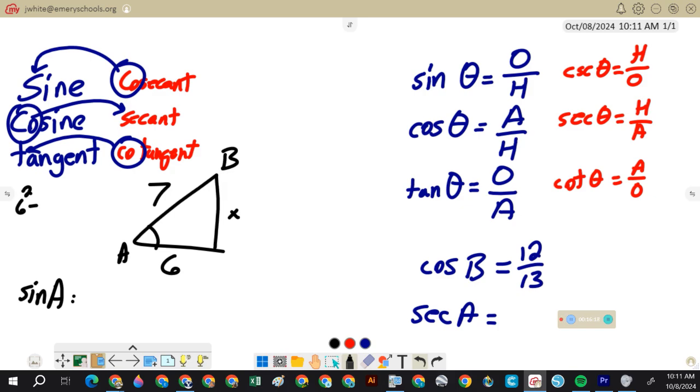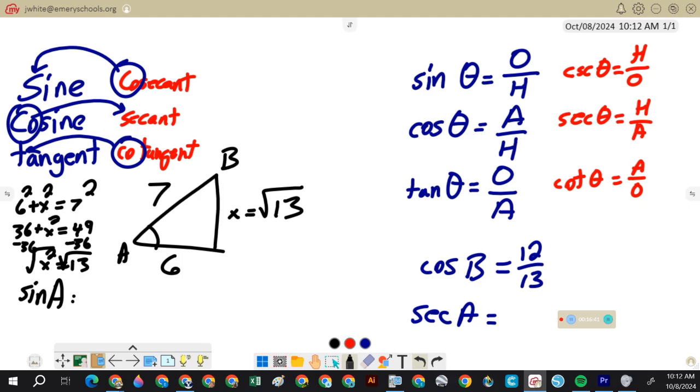So 6 squared plus x squared equals 7 squared. 36 plus x squared equals 49. And then subtract 36, and I get x squared equals 13. And then we take the square root. So this is the square root of 13. Okay? Well, the sine of A is going to be the O side divided by the H side. So that is root 13 over 7.